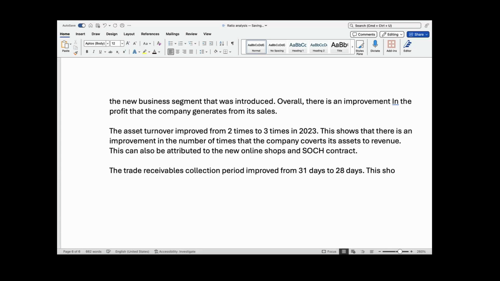This shows that there is an improvement in the number of days it takes the company to collect its money from its customers.